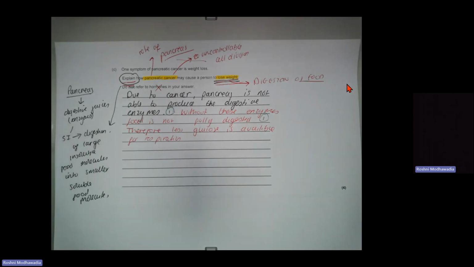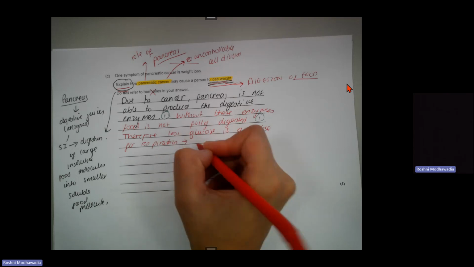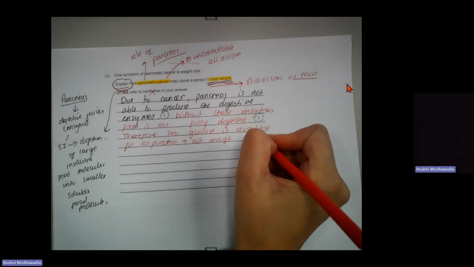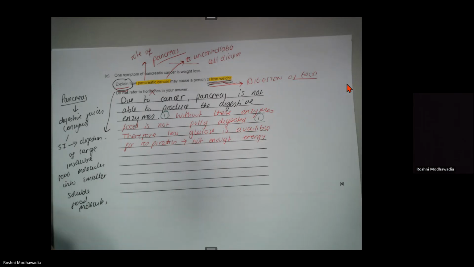So starch in their digestive system wasn't fully digested into glucose, didn't fully diffuse into the blood, and they don't now have enough glucose in their bloodstream, which means there now isn't as much respiration taking place, and therefore not enough energy is released. We know that this energy is required for all of the other reactions that happen in our body.